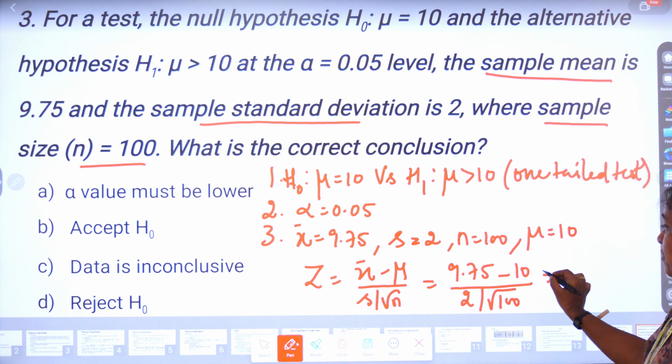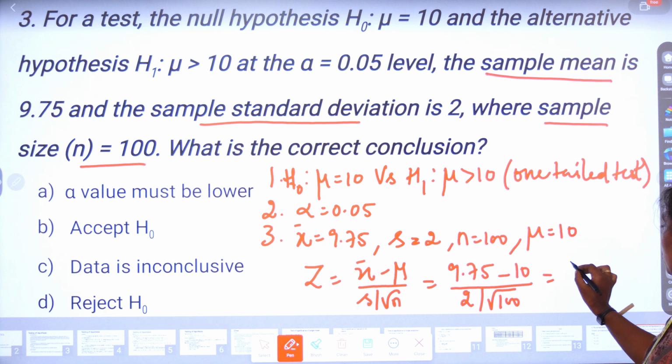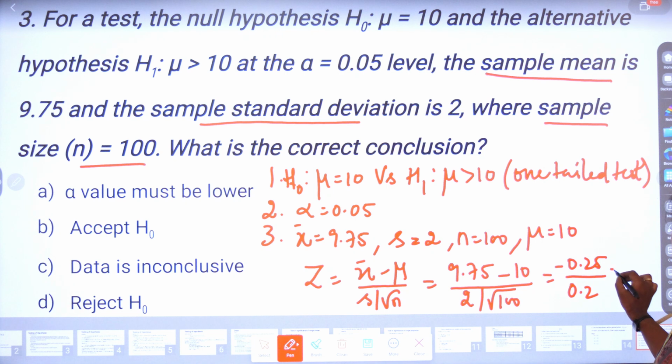So 9.75 minus 10 is minus 0.25, divided by 2 divided by 10, which is 0.2, so minus 1.25. So your test statistic is minus 1.25. Since it is a negative value, you take the modulus. So modulus of Z is 1.25.